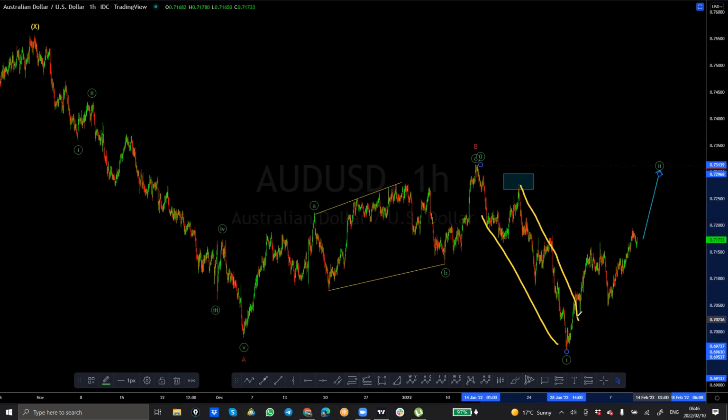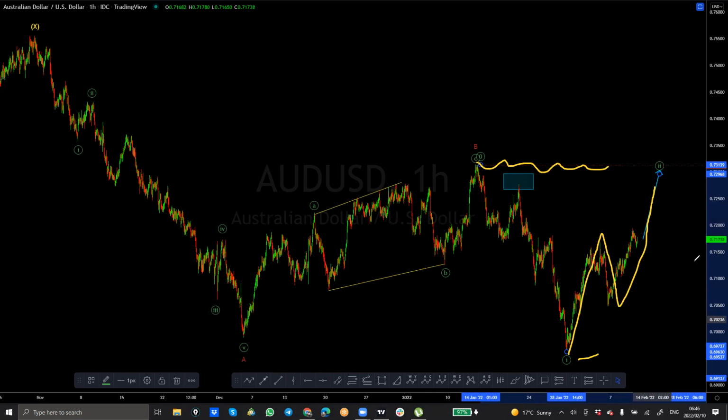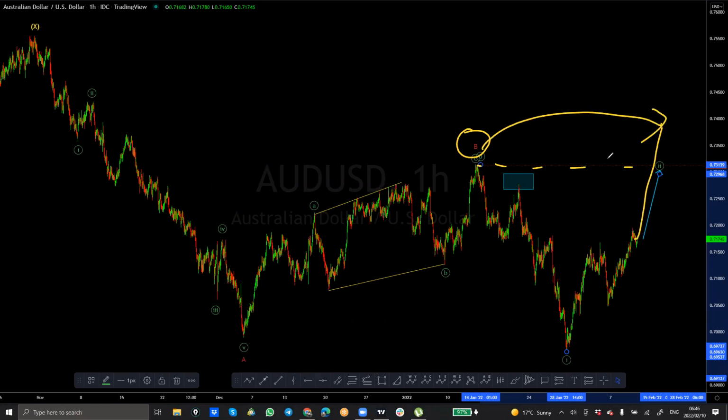So this would be some leading diagonal of some sort within wave 1. Then if that's the case, then wave 2 cannot go above the start of wave 1, as we know as per the rules. So if price does not break above this level here, where we propose B is completed, then B would still remain there. However, if price breaks above it, then B would be in the new position there.